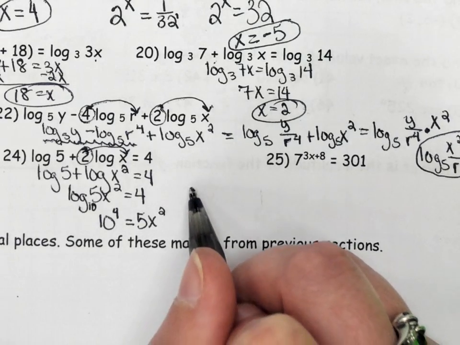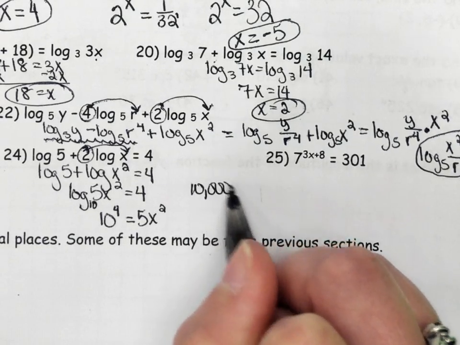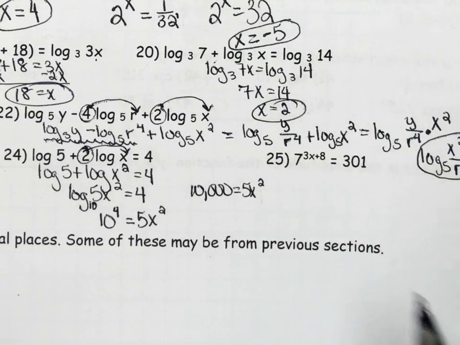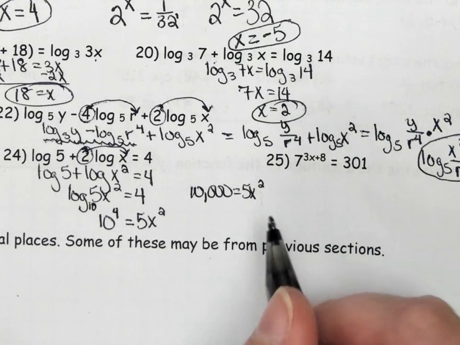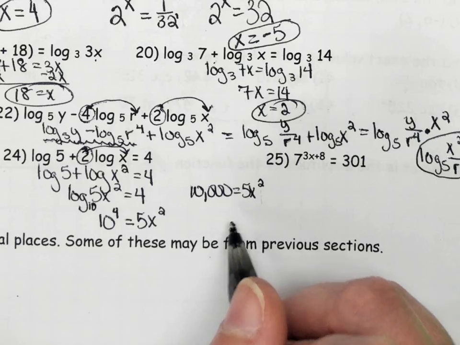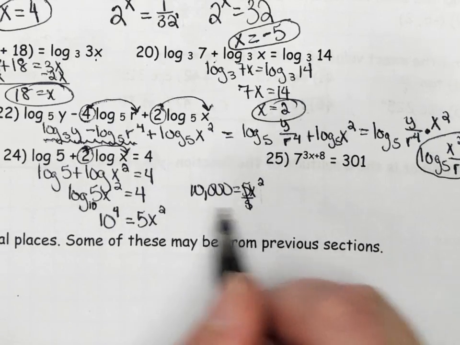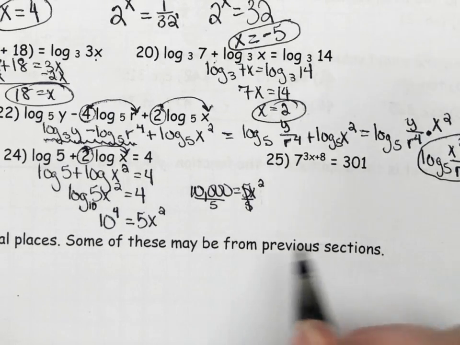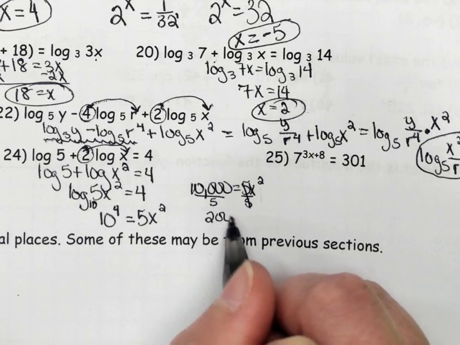How much? 10,000. Very good. Alright, then what could you do? Divide by 5. Very good. So what's 10,000 divided by 5? 2,000.